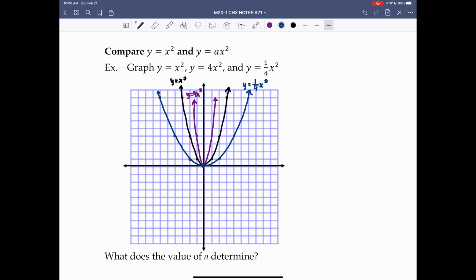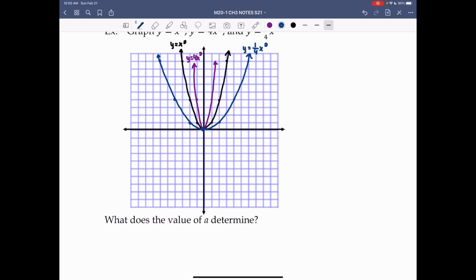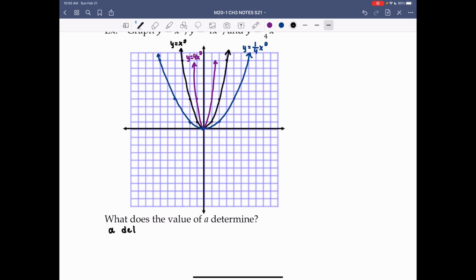What does the value of a determine? A determines how wide or narrow the parabola is. We saw that for y equals 4x squared, where a is equal to 4, the parabola gets more narrow.